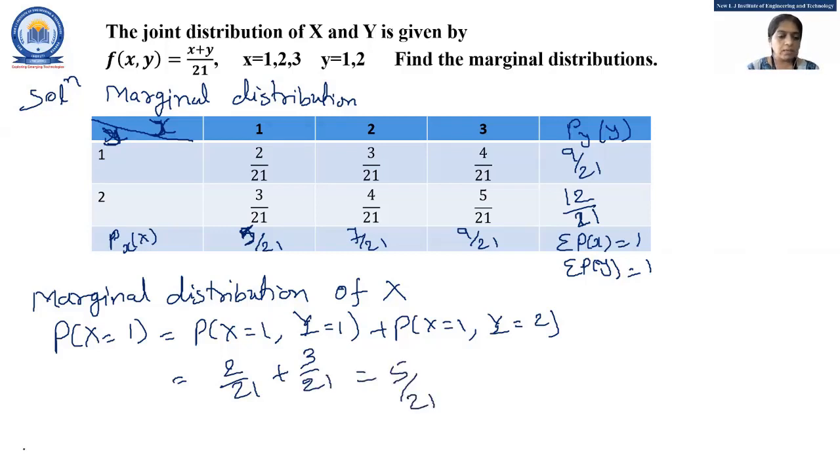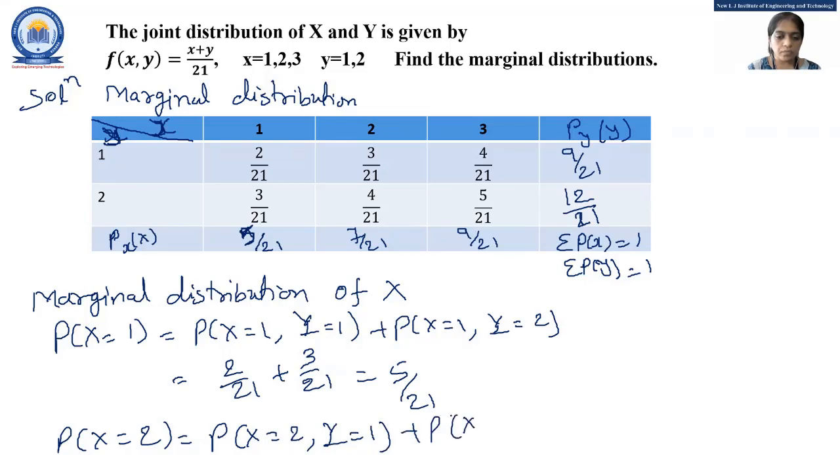Got it? Similarly, probability of x equal to 2. So p of x equal to 2, y equal to 1, and again p of x2, y2. So by substituting the values, that is 3 by 21 plus 4 by 21.